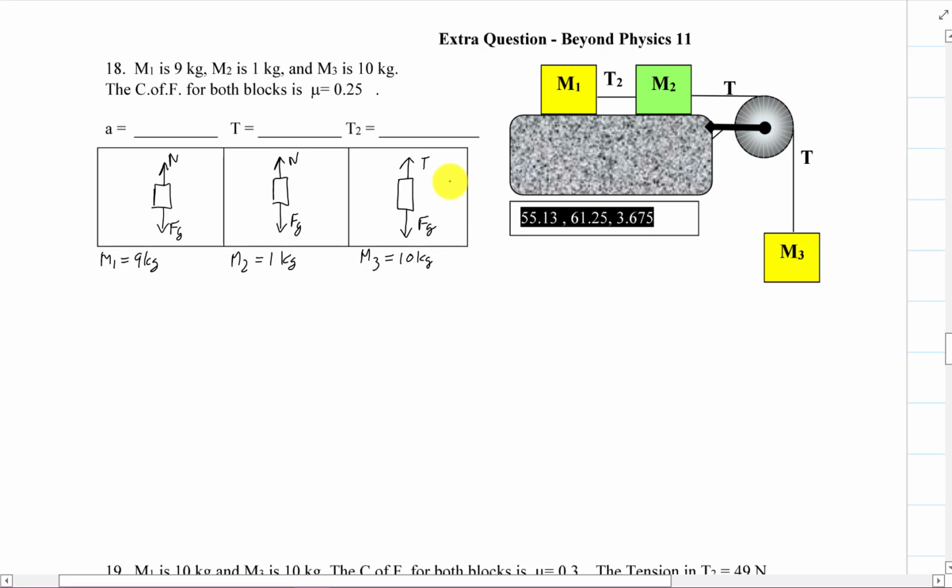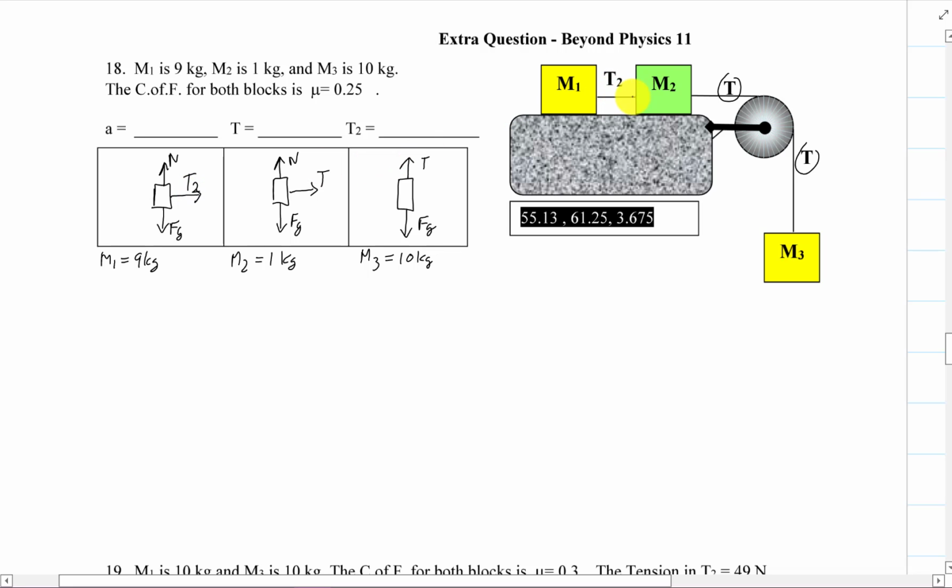Now, this tension is just wrapped around that pulley, so those tensions are equal, and we're going to call them T, and the tension force between these is T2. Okay, so T is pulling M2. There's T. And T2 is pulling M1.